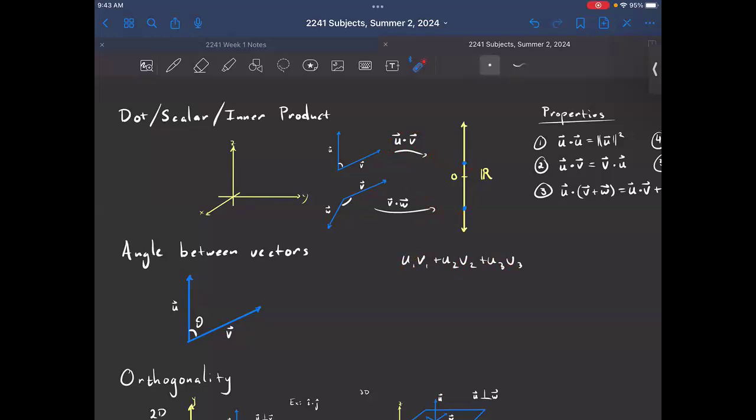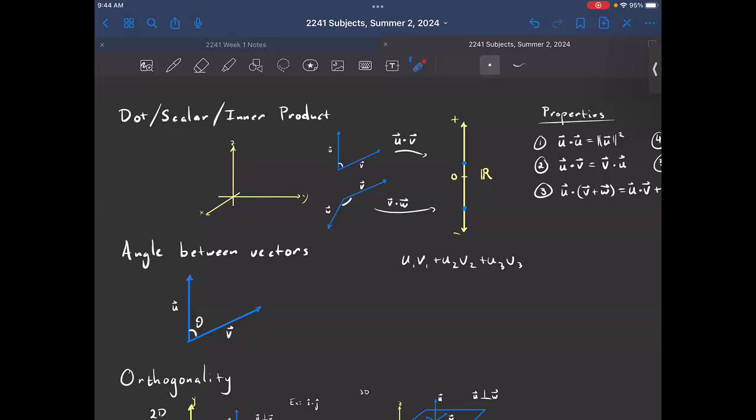The same thing here. Now, on this right here, this copy of the real line that's telling you, okay, this thing comes out as a number. Notice that I've drawn the dot product of u and v coming out as a positive number, and the dot product of v and w as a negative number. That is also possible. Basically, what the positive or negative tells you is whether the vectors are pointing more or less in the same direction.